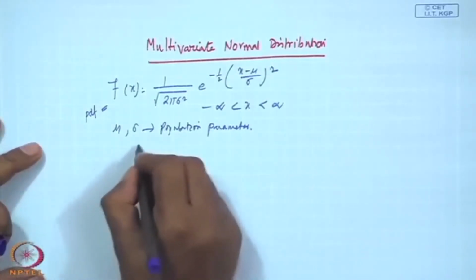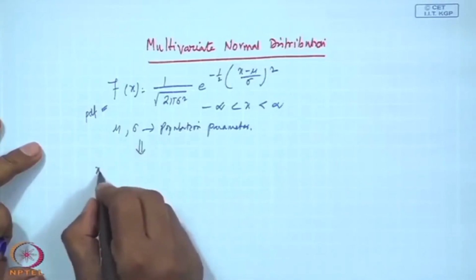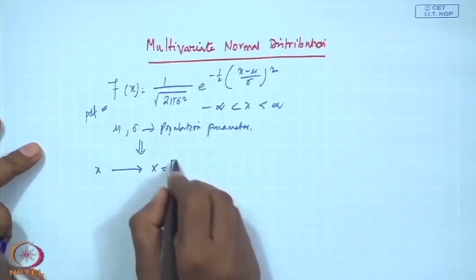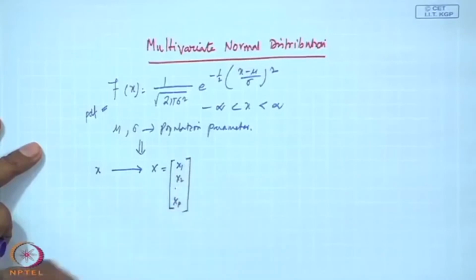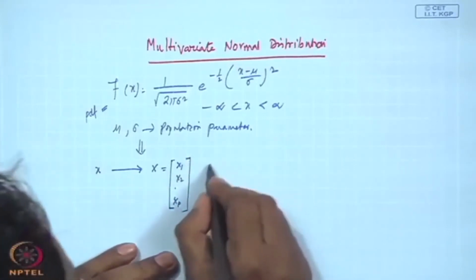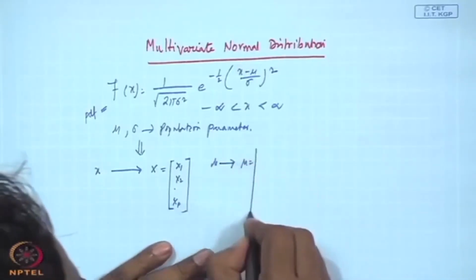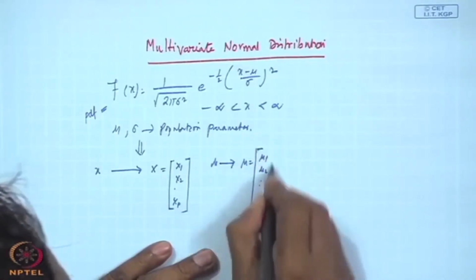We want the counterpart of it in the multivariate domain, when that univariate x is converted to capital X, which is your x1, x2, up to xp. And univariate mu is no longer univariate, it will be a mean vector mu1, mu2, up to mu p.